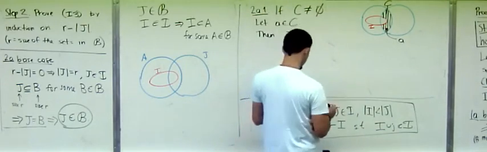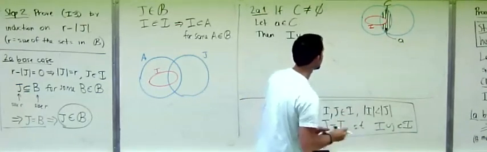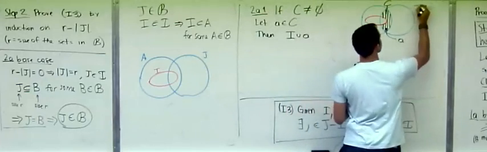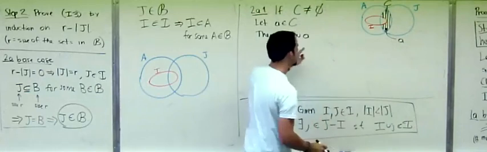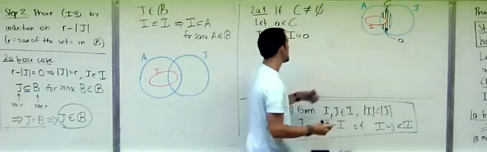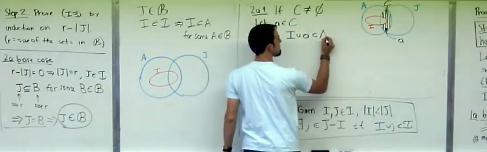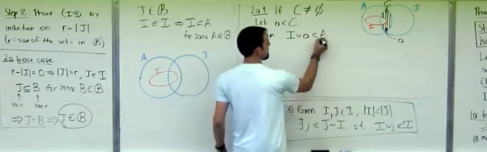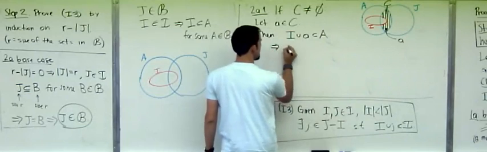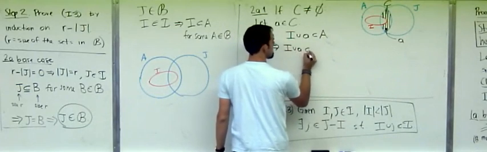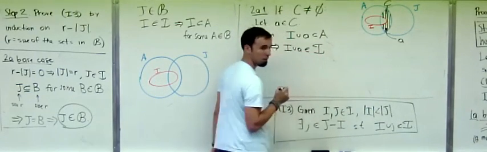It's contained in A, right? This is J. I union A is contained in big A, and big A is in script B, and therefore I union A is one of the sets in I.